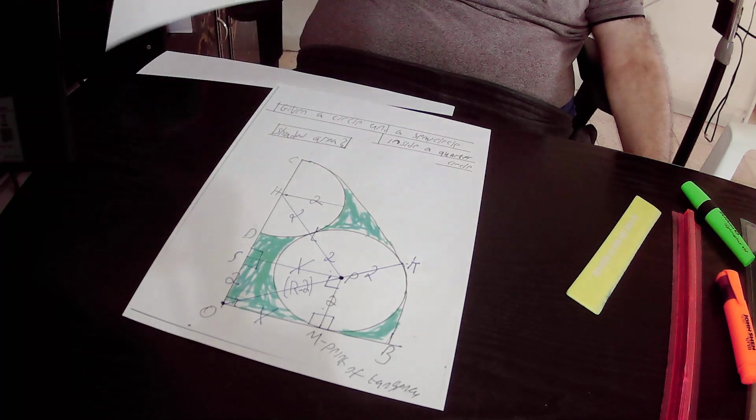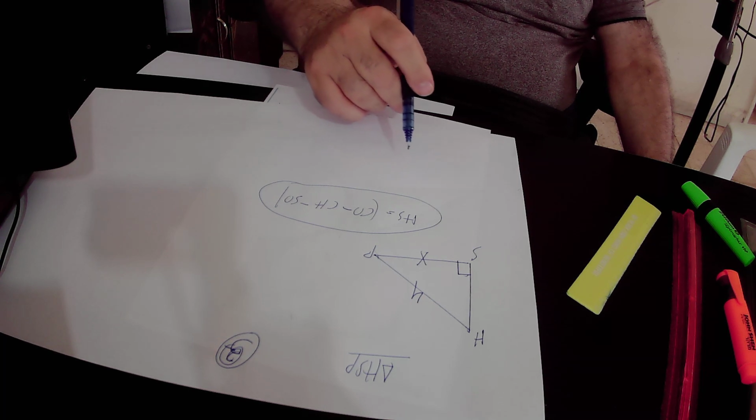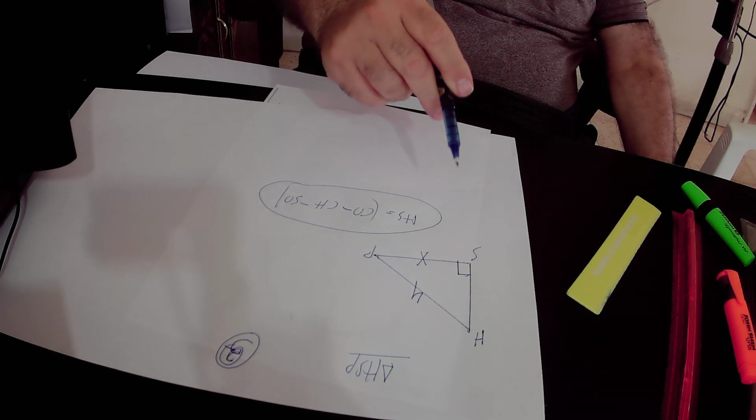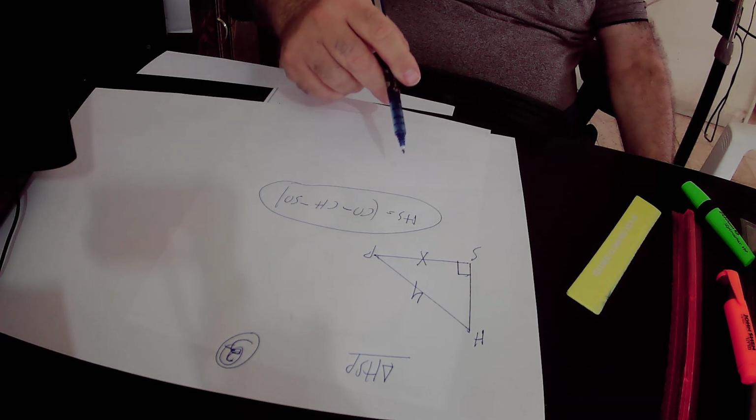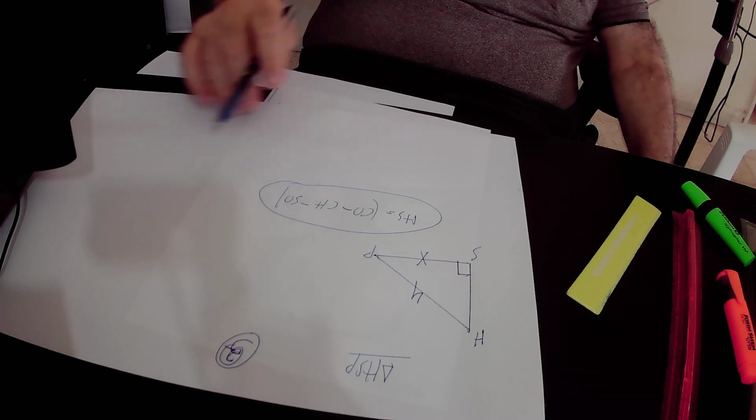I'll repeat again. Side HS of the right triangle HSP equals CO, that is the radius of the quarter circle, that is equal to capital R, minus CH.